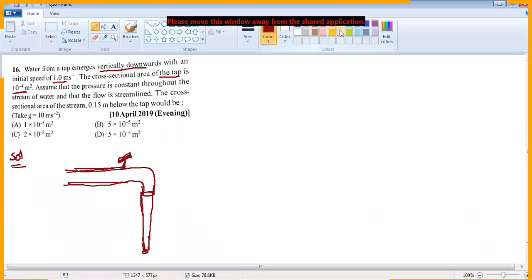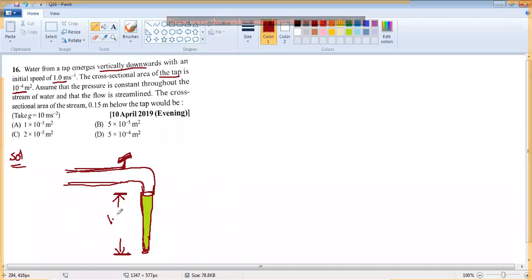Now what is the question actually given? This point is 1.5 meter below the tap. The question is, what is the area of the water stream at this point?